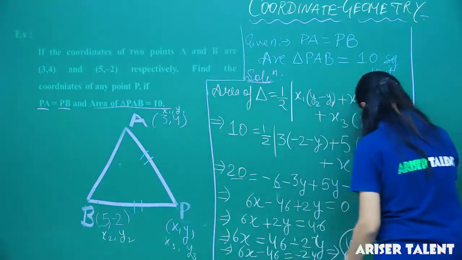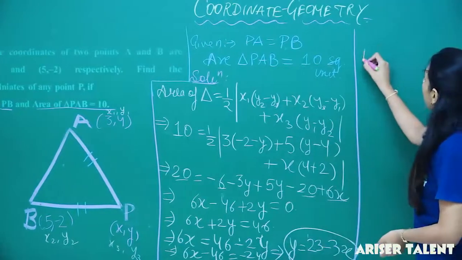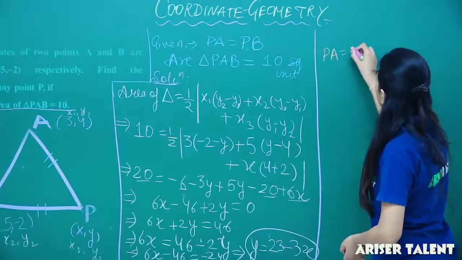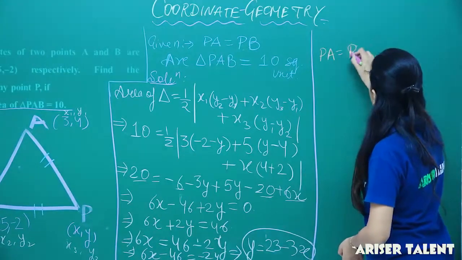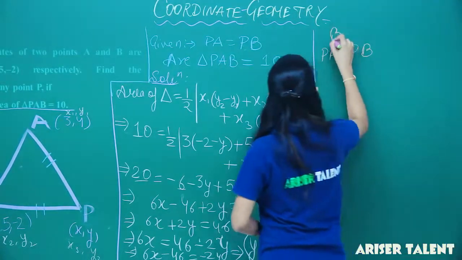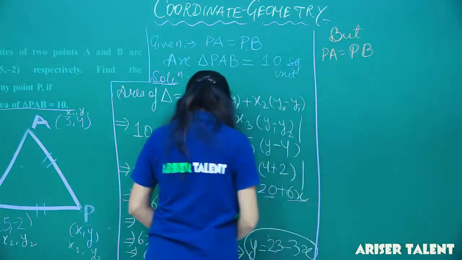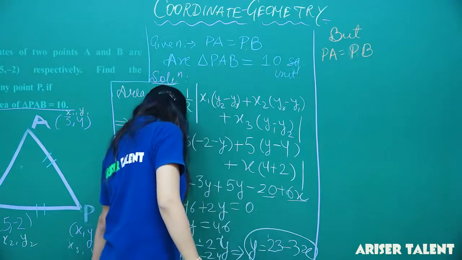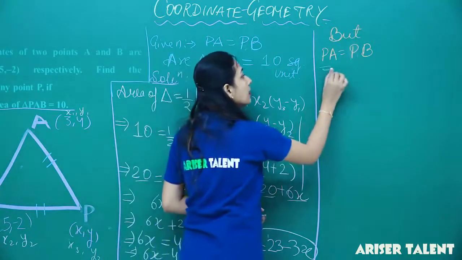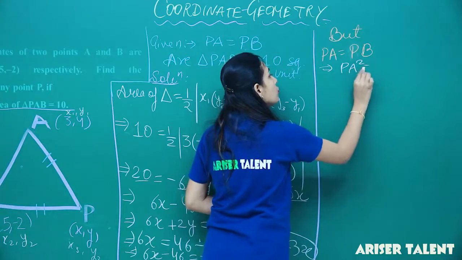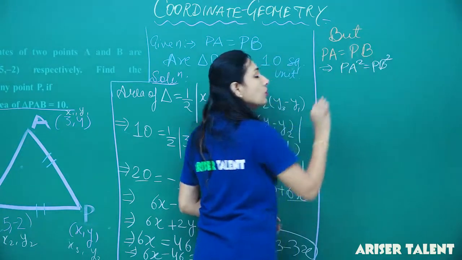Now what we have in addition is PA equals PB. Now if PA equals PB, that implies PA square will be equal to PB square. Is that so?